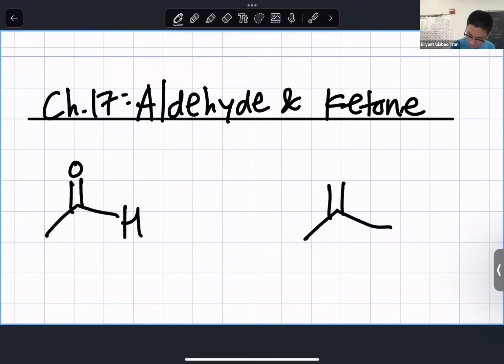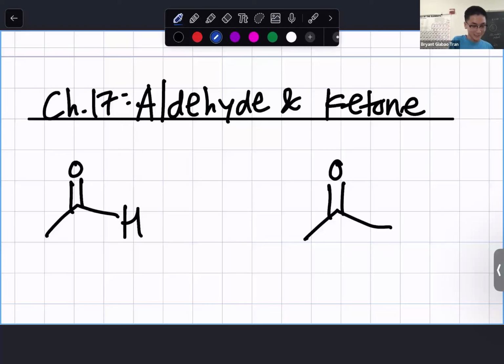Ketone, we're going to have two R groups around the carbonyl here. So aldehyde is like the hydrogen hiding. Ketone, you can think of it as like a key, and then the carbonyl is alone.